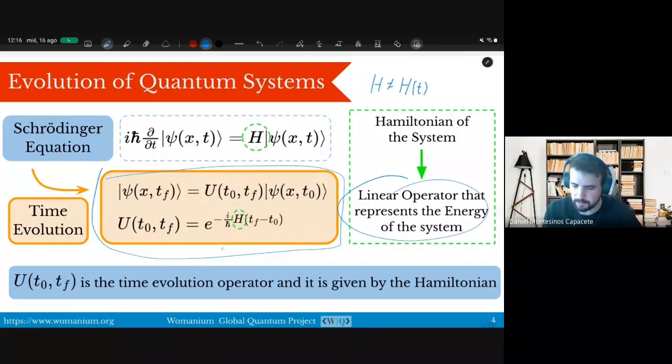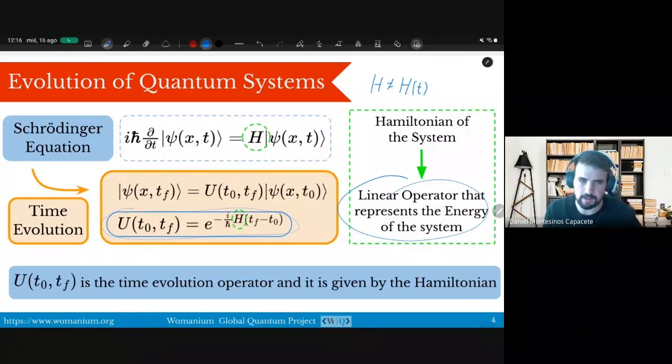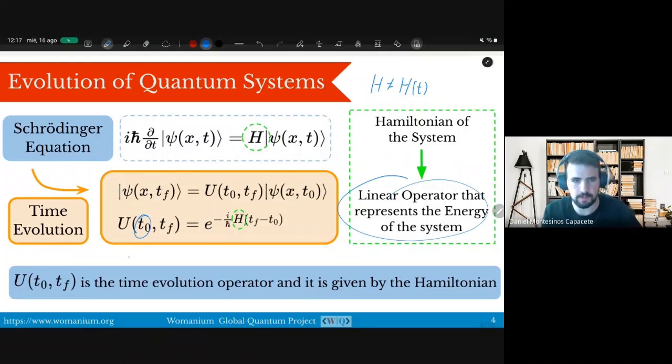But these are just details, because I know that you are probably not understanding why we need that or anything. But the point is that at the end, you can solve for this operator, right? And this operator here is called the time evolution operator. So at the end, you have an initial time zero, and your final time.